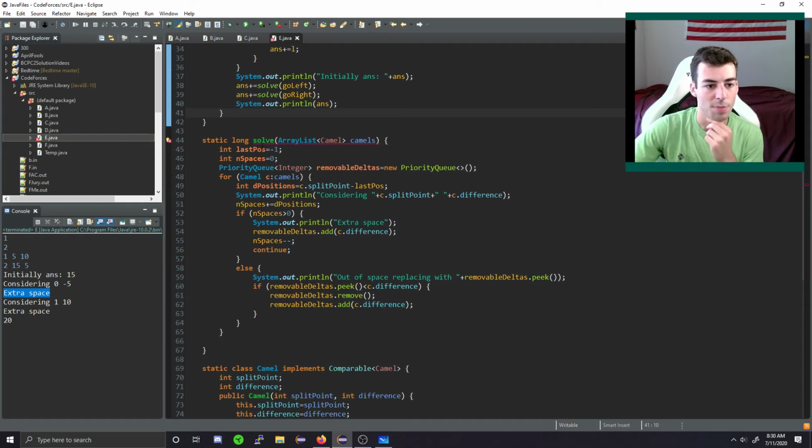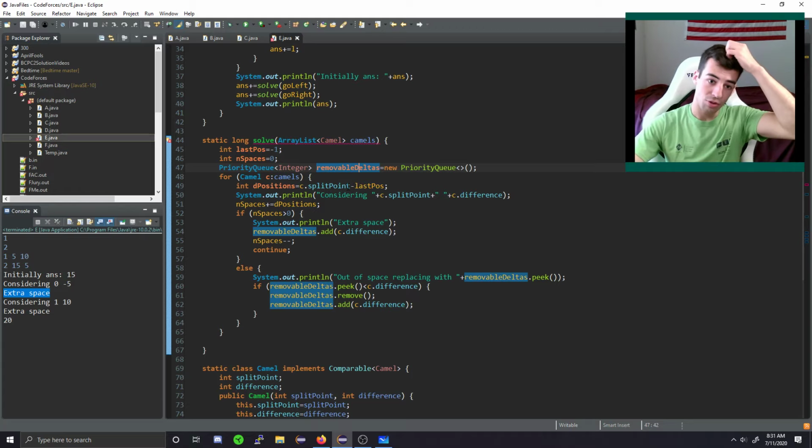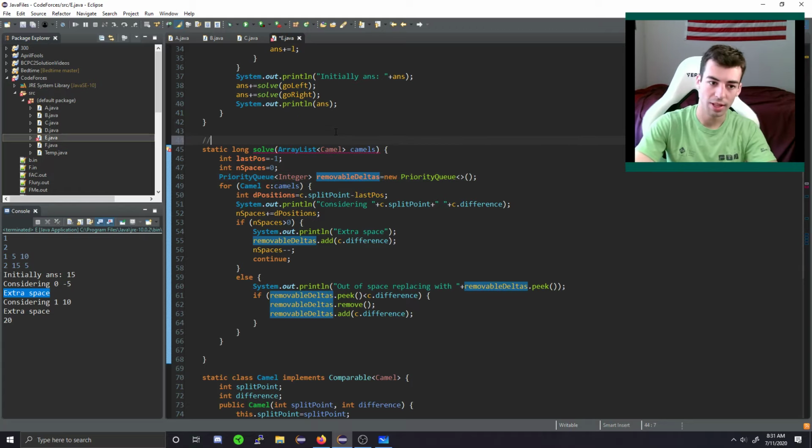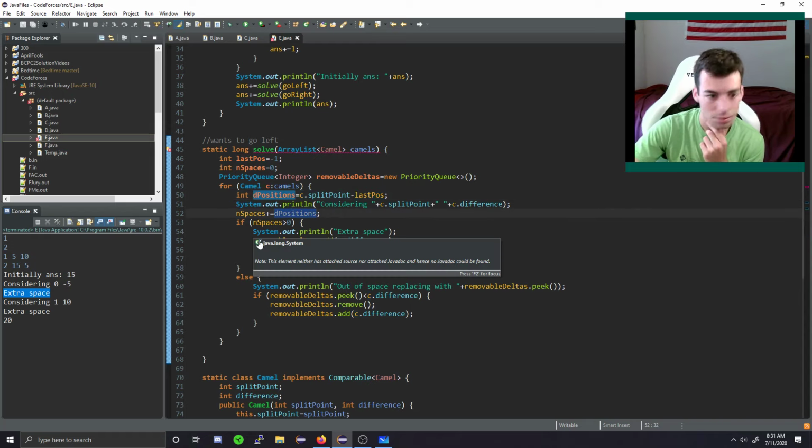All right, so now we just need this method. So we have this last position, the number of spaces, this removable deltas. Yeah, so now everything wants to go left. So this should be easy. So how many positions do we have? We add this to our number of spaces.